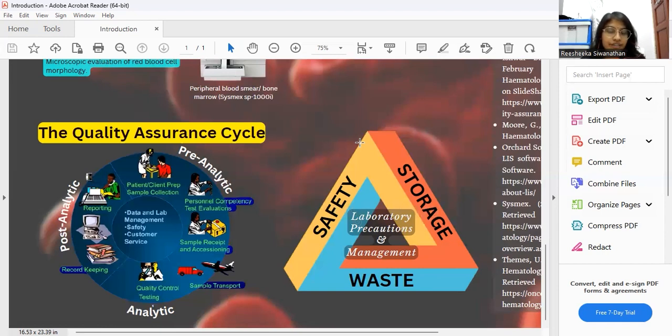The post-analytical phase encompasses all that occurs after testing, including interpreting results, recording results on the correctly identified code, reporting results, entering data into the tracking system, maintaining records, and reviewing QC.